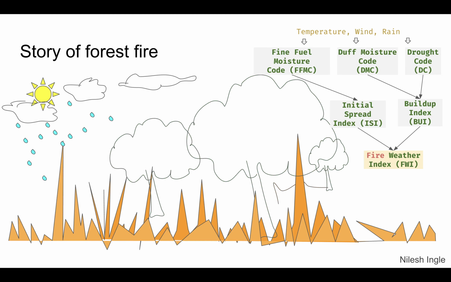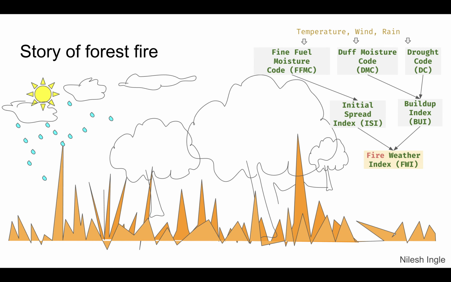So predicting a forest fire, or predicting how much area a forest fire could burn, is based on several data points that are collected, and some of them are listed here, which is fine fuel moisture code, duff moisture code, drought code, initial spread index for the wind, build-up index, and all of that goes into calculating the fire weather index.